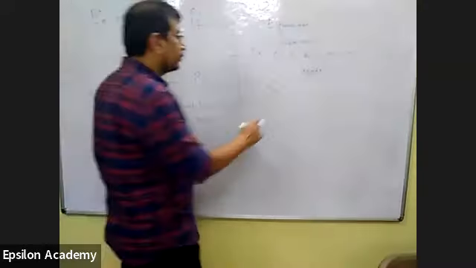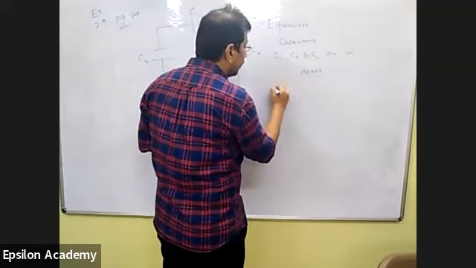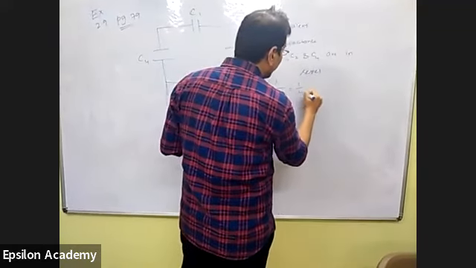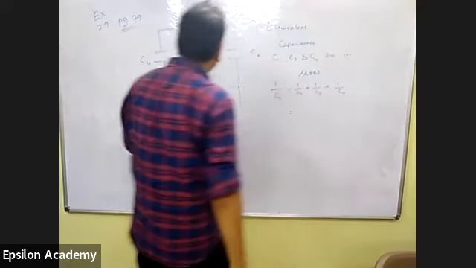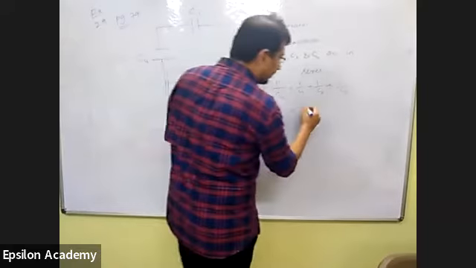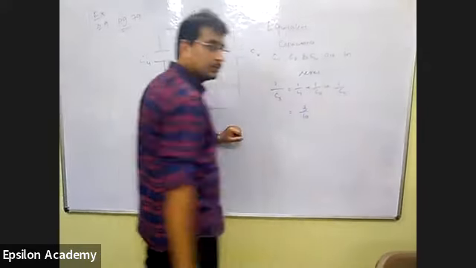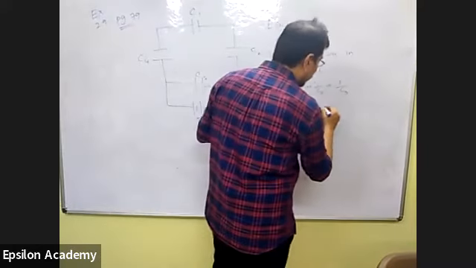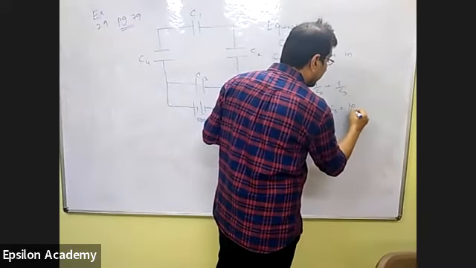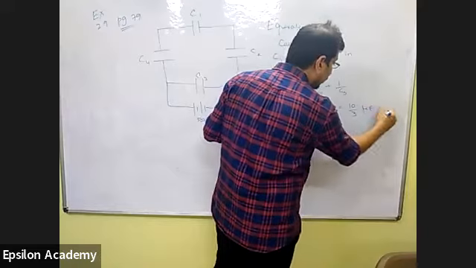I need to find 1 by CS equal to 1 by C1 plus 1 by C2 plus 1 by C4. Everything is the same, so it will be 3 by 10. That is 1 by CS. So CS will be equal to 10 by 3 microfarad. Accepted?